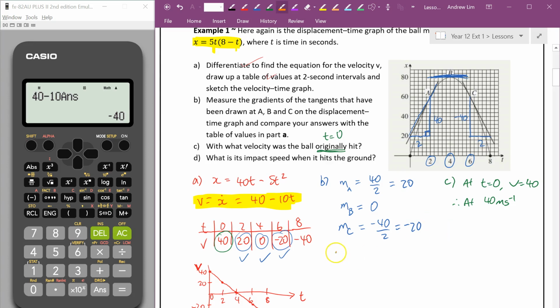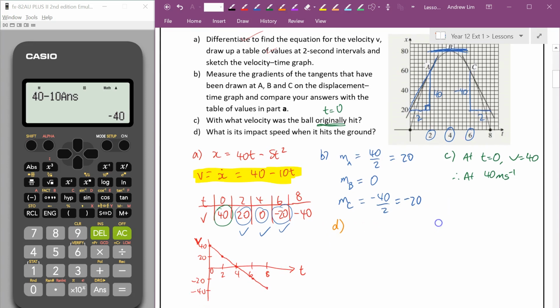Alright, and question D. What is its impact when it hits the ground? So basically we want to know impact speed, which is the velocity. It hits the ground, so when x is 0, because that's the ground, at t equals 8.